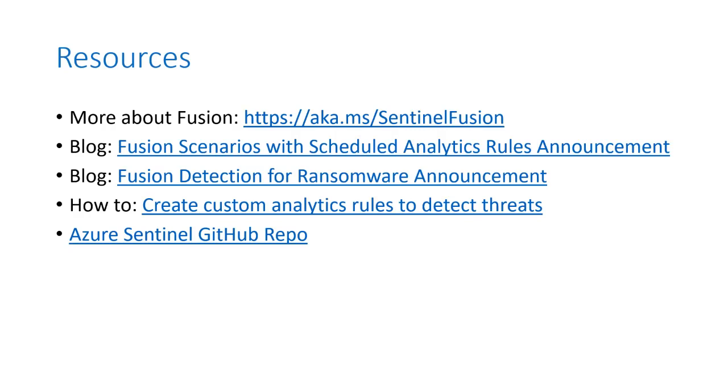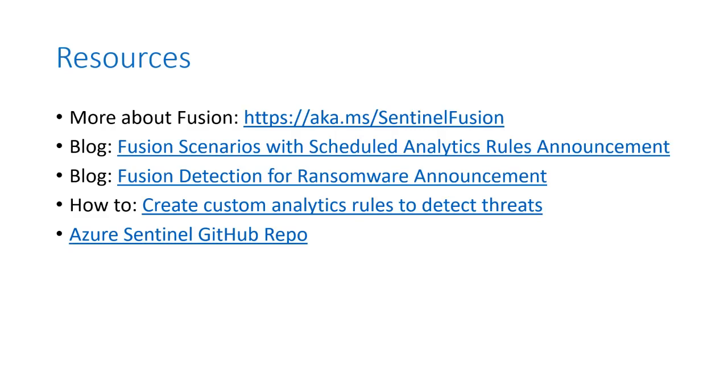Great. Next one is, what are all the other anomaly detections and ransomware detections in Sentinel? For Fusion, this is a very new release. I don't think there are other specific ransomware detections within Azure Sentinel. My teammates on the call, if you know of other ones, please step in.